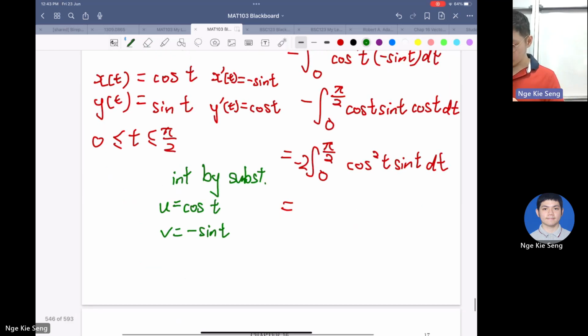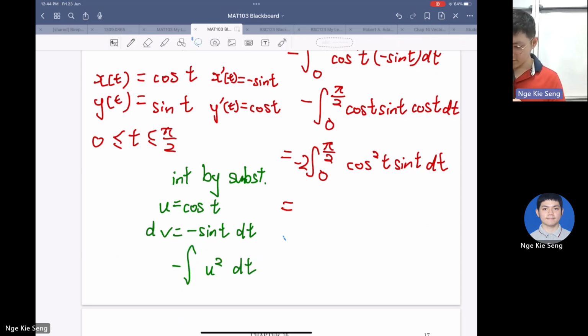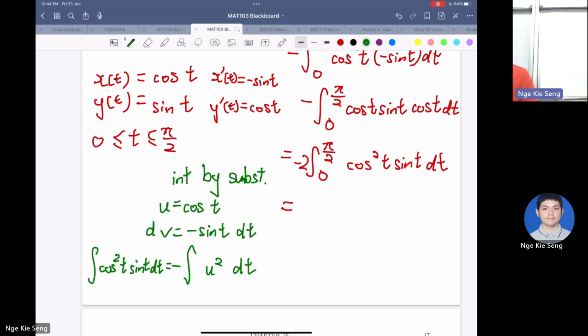So what happened to my integral? Let me write out first. The integral of cos² t sin t dt equals minus u² du, correct?